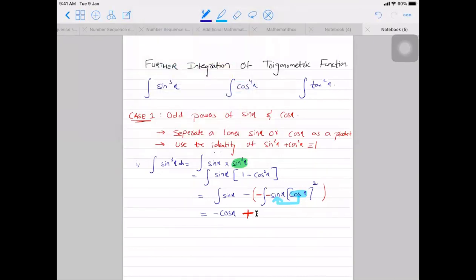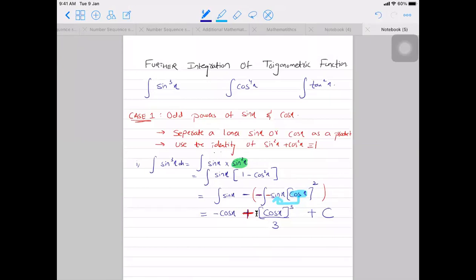Minus cos x to the power of 3 over 3 plus c. But I have already used this minus sign with that minus sign to make it plus. So it's just going to be the cos x function raised to the power by 1, so cos cubed x upon 3, and then you're going to write a combined plus c.